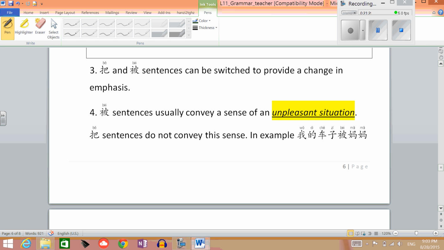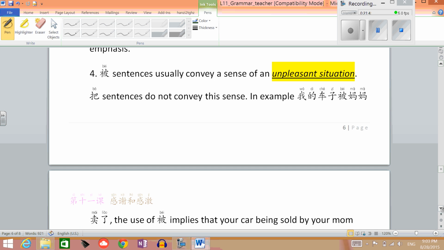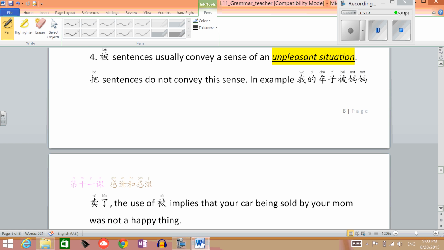4. 被 sentences usually convey a sense of unpleasant situation. 把 sentences do not do that kind of function. For example, in the example above, 我的车子被妈妈卖了. My car was sold by my mom. The use of 被 here implies that your car being sold by your mom was not a happy thing.